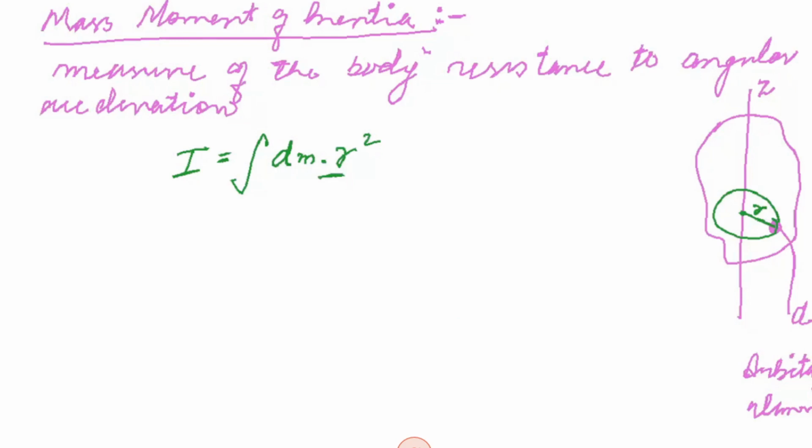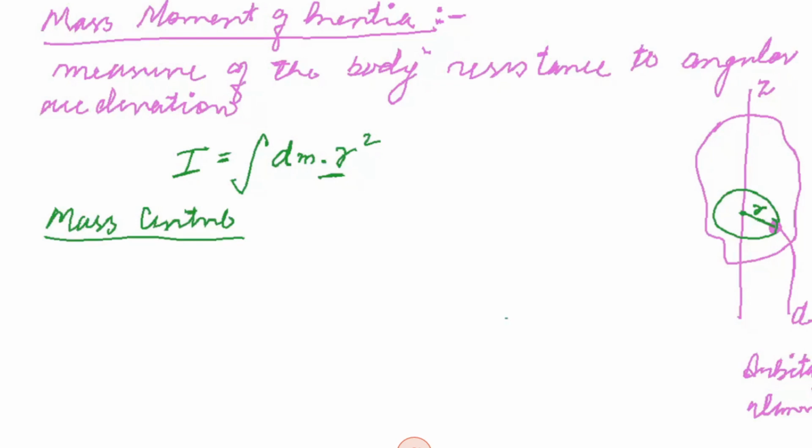Now the axis which has to be chosen here should pass through the body's mass center. We are not calculating area, we have to calculate mass center, where the center of mass lies. That needs to be chosen.